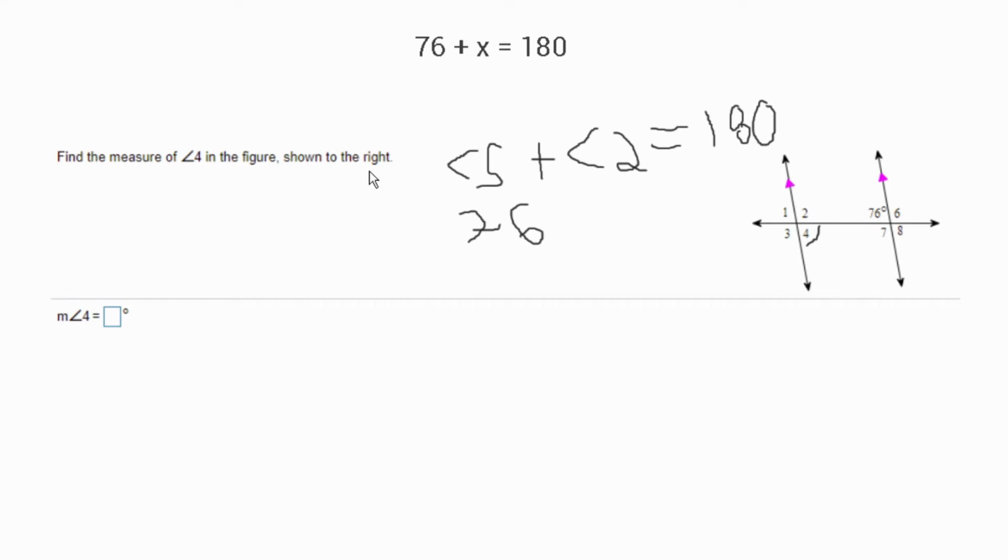So angle 2 is equal to 104. So now I'm just going to erase all of this.